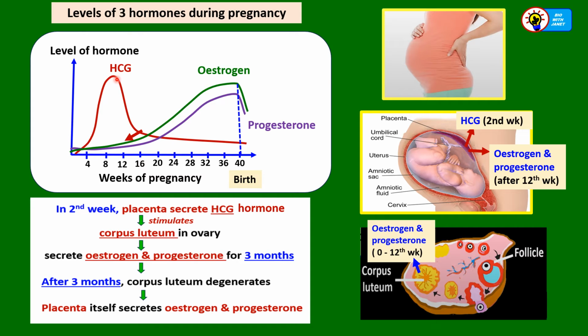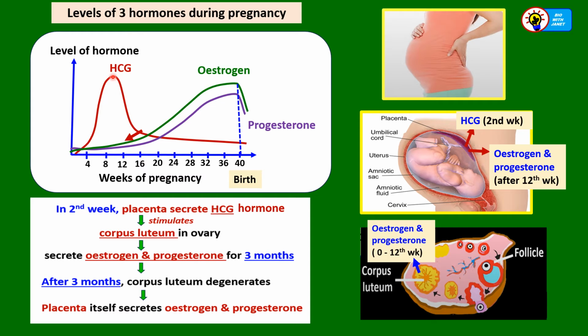It will stimulate the corpus luteum here in the ovary to continue to secrete estrogen and progesterone for 3 months or 12 weeks, so that the thickness of the endometrium can be maintained for implantation of the embryo or blastocyst, and so that the embryo can grow, being connected to the uterus.